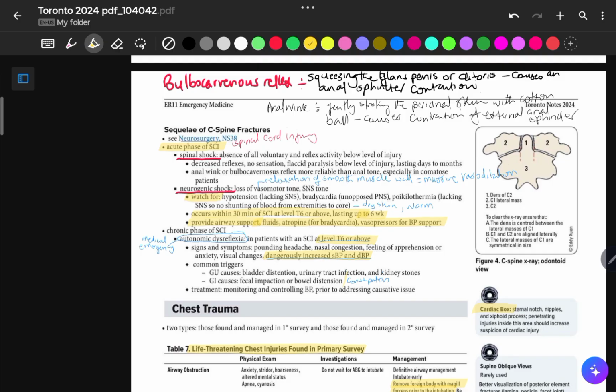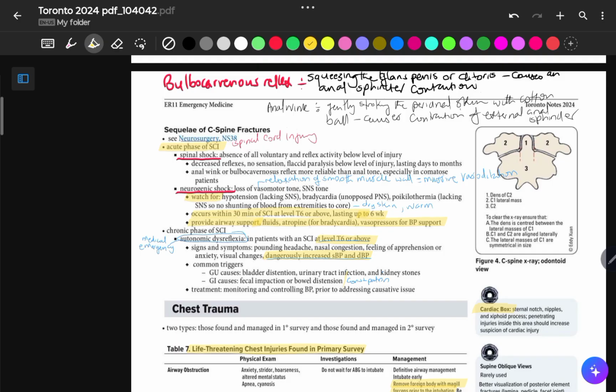So basically they will present with signs of a pounding headache, nasal congestion, the feeling of apprehension or anxiety. They're going to have visual changes. What is very important is they have dangerously increasing systolic blood pressure and diastolic blood pressure.